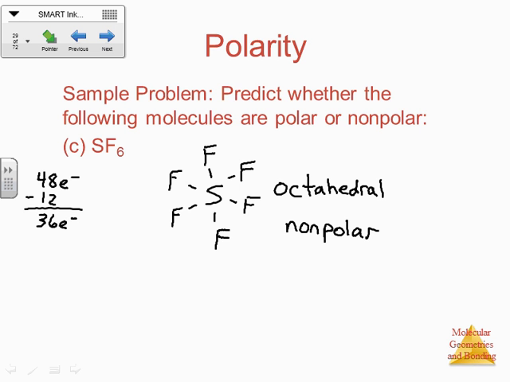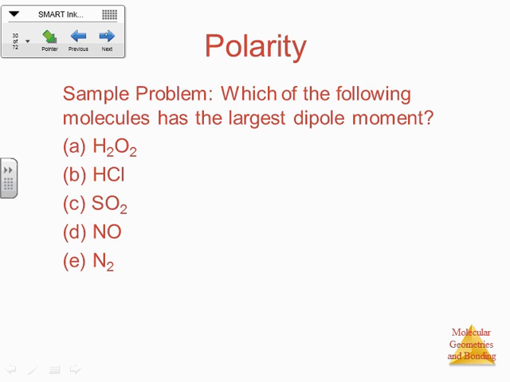And then the last question here, which of these has the largest dipole moment? Okay, so if we take a look at these, H2O2, it's actually going to look like this. And again, you might not have exactly known that. Not a big deal if you didn't. So when we draw the structure of this one, we've got 14 valence electrons, if I'm doing my math right.